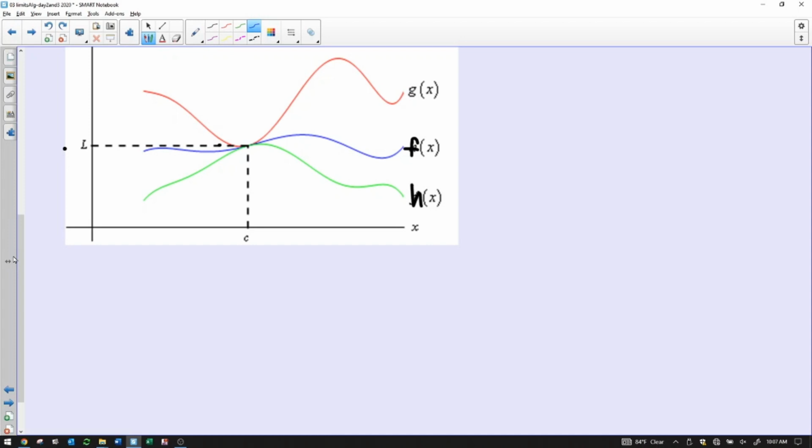Does that make sense? If this f is squeezed in between two limits, if the top limit is the same as the bottom limit, then the f must have the same limit. That's what it's saying. So let me show you what it looks like.